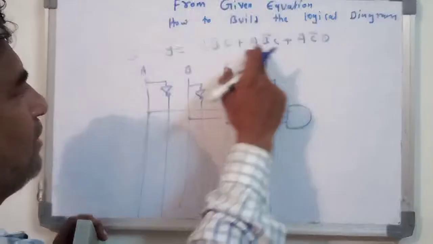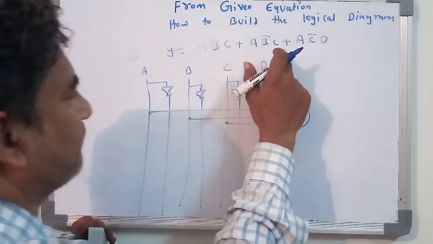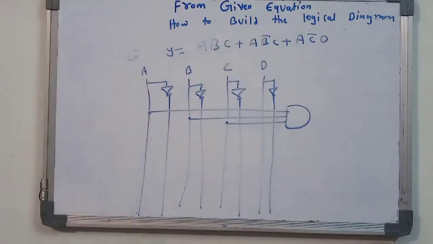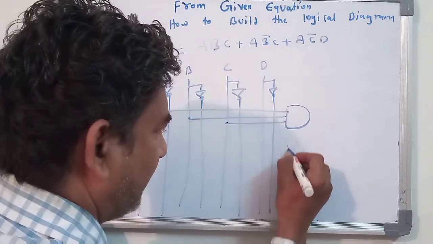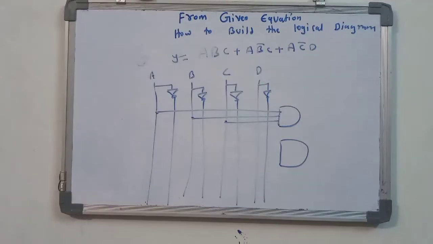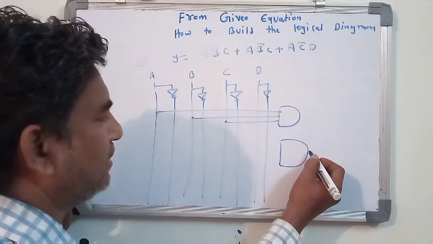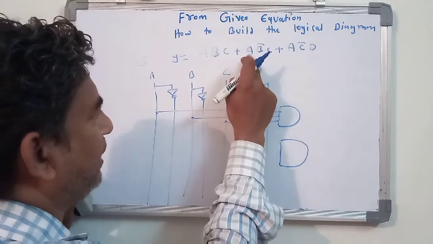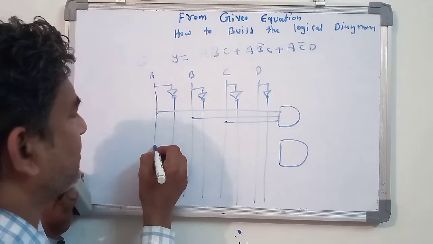Okay students, the second part of the equation, A B bar C. This A B bar C is again an AND gate. So here is the AND gate. In this AND gate, you will observe A, B bar and C. So the A line you will be observing here.